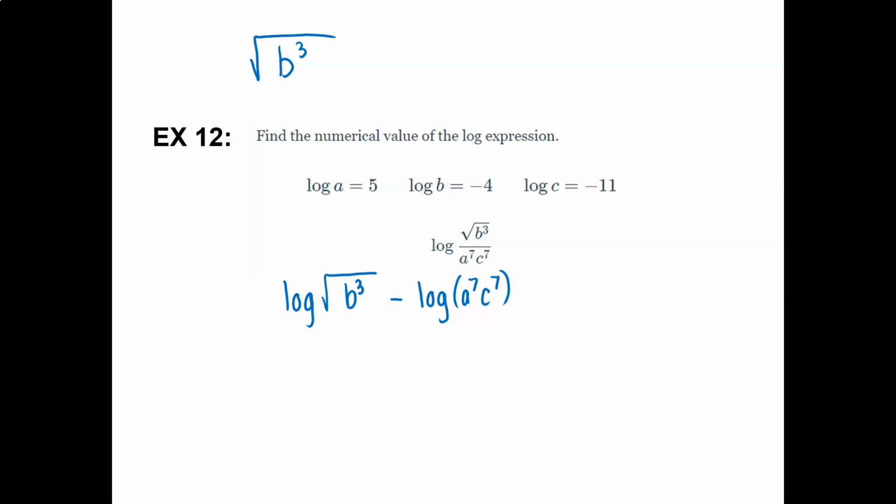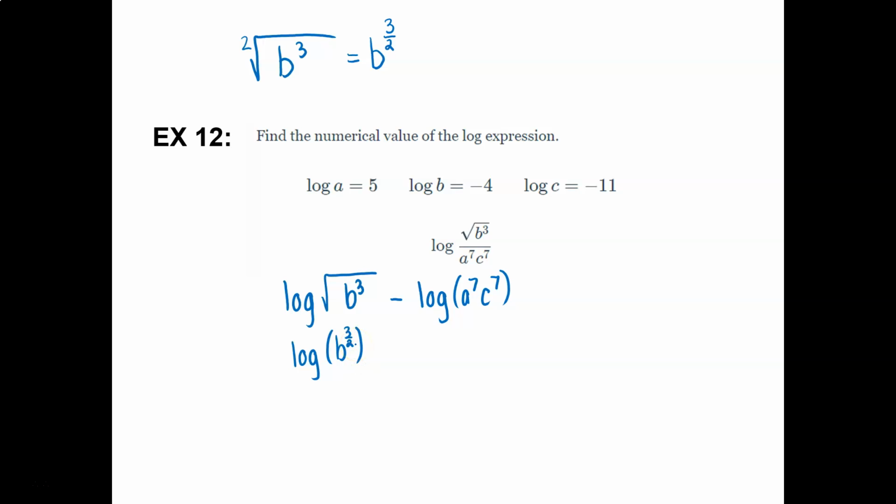Because I didn't give you any property that dealt with the square root, right? So what we need to do is change this to a fractional exponent, okay? So there is no number out here, but this is a square root. If there's no number, it's a square root. So it's got a little invisible 2 out here. So to write this as a fractional exponent, we can write it as b to the 3 over 2. So this is equivalent to b to the 3 halves.